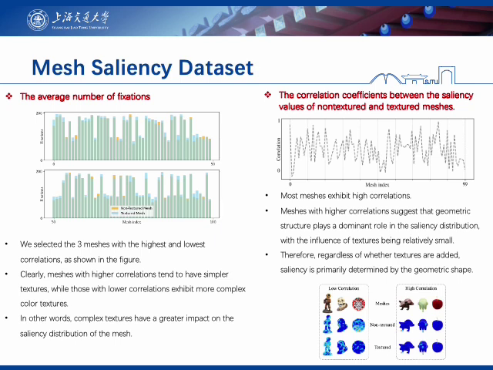Regardless of whether texture is applied, saliency is primarily determined by the geometric shape. Through example-based analysis, we can infer that compared to a mesh with a single color, compressed texture has a greater impact on the saliency distribution of the mesh.